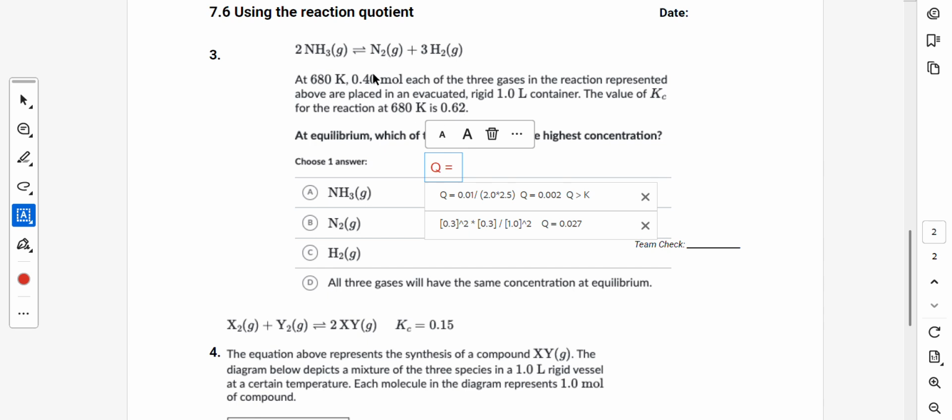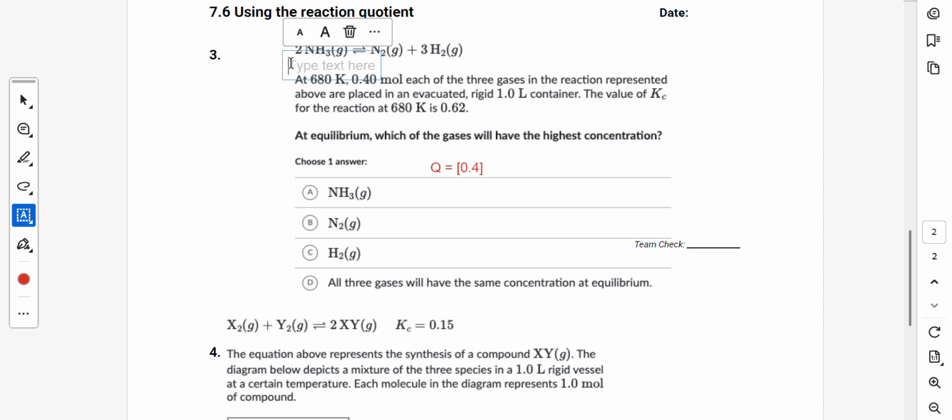So let's calculate Q as we drop this into the container, 0.4 moles of each one of these gases, or a 0.4 molar concentration. So we have 0.4. Products, and that would be N2, 0.4.